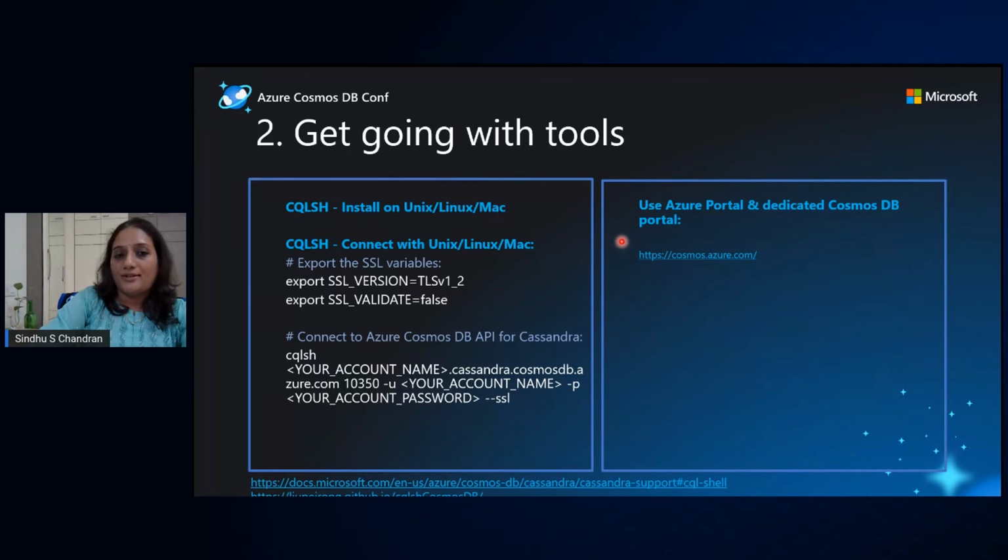So it is very important that you follow the instructions and the versions which are supported for SQL, and set this up on whichever OS you want to work with, and make sure that you use the SSL settings as applicable, and use the SSL parameter while connecting. So this would be the second step to start with to get your tooling set up for Cassandra.